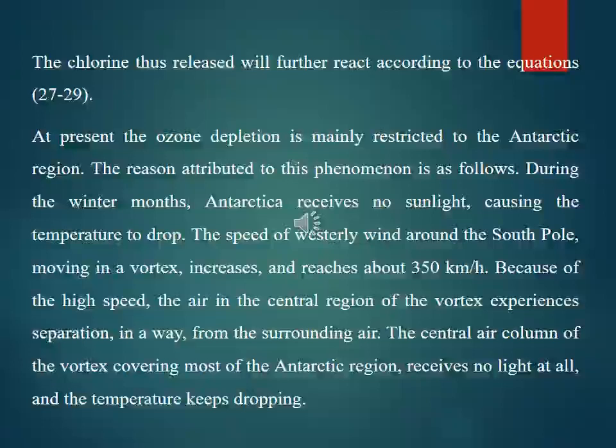Because of the high speed, the air in the central region of the vortex experiences separation in a way from the surrounding air. The central air column of the vortex, covering most of the Antarctic region, receives no light at all, and the temperature keeps dropping.